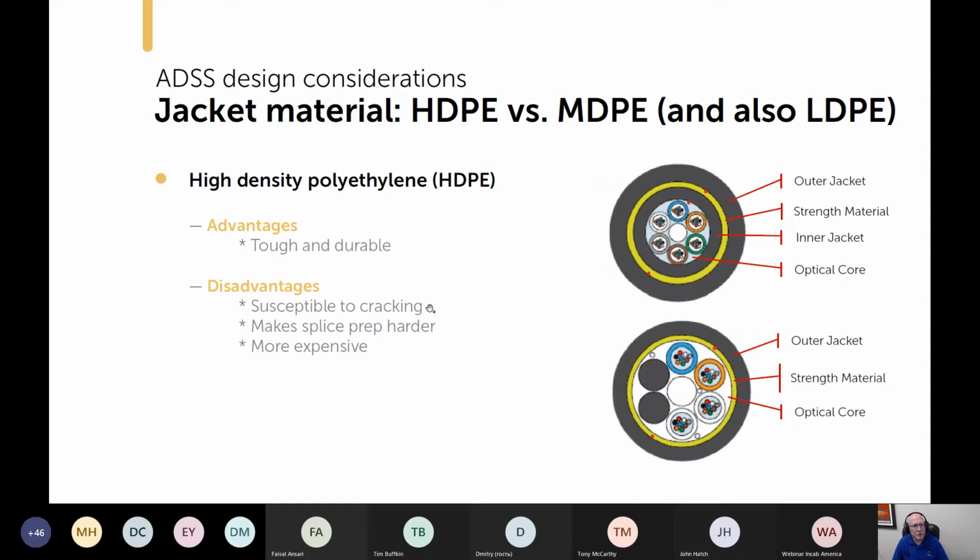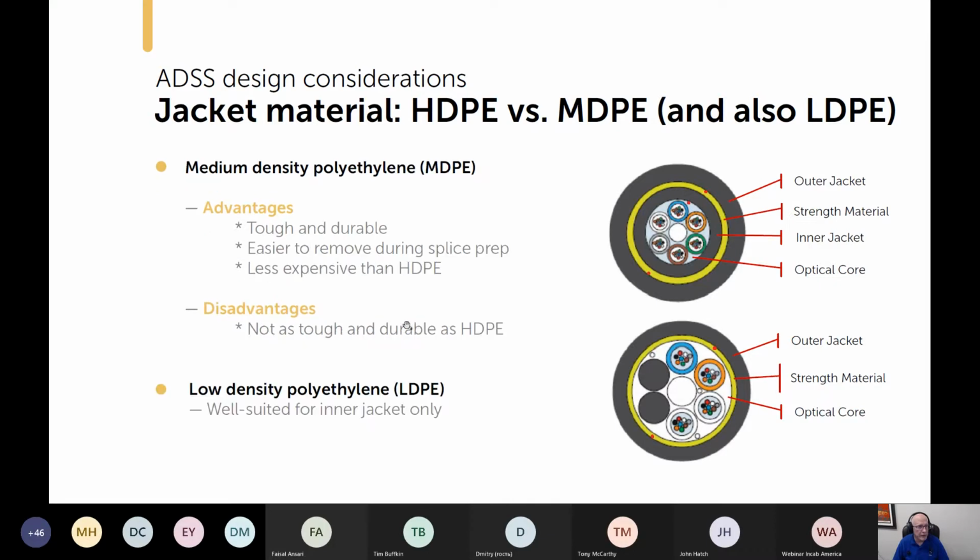Its own density sort of works against it in actual environmental conditions. It does make splice prep significantly harder, and it does cost you more money. So it's harder just to get through the jacket. You can really feel it.